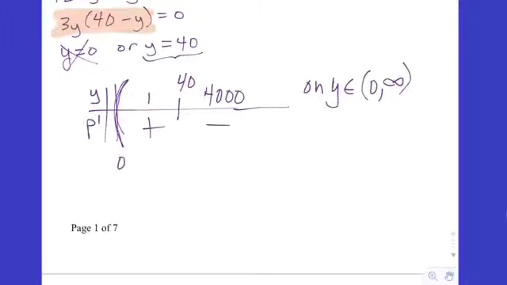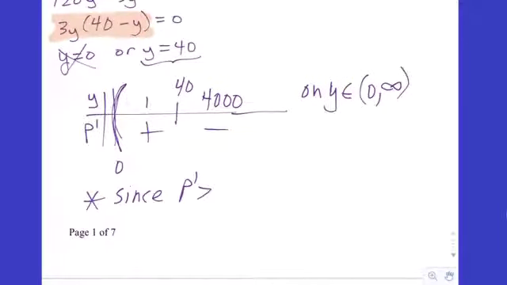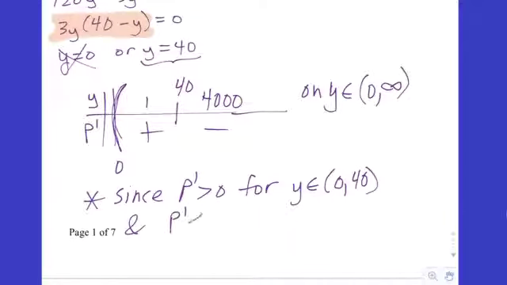Let me go ahead and write it out. This is kind of the most undesirable part, the justification when we don't have endpoints. So you'd say since P prime is greater than 0 for Y between 0 and 40, and P prime is less than 0 for all Y to the right of 40, like from 40 to infinity.